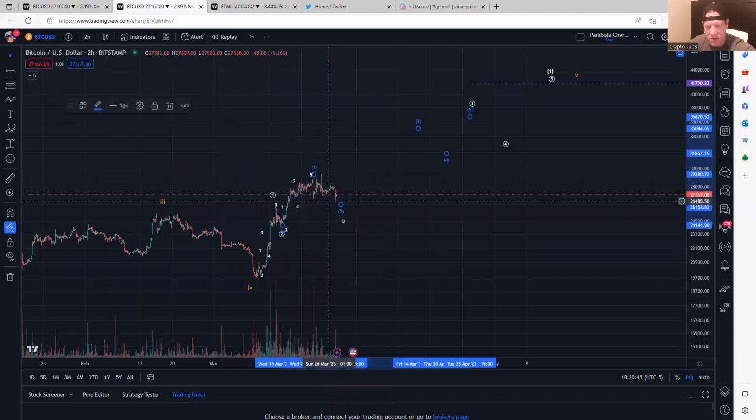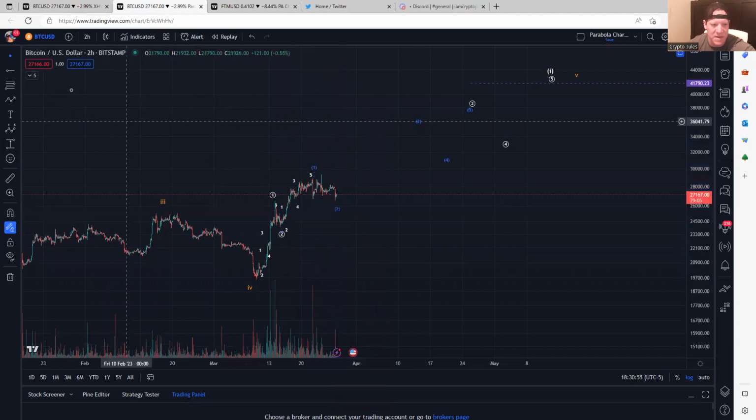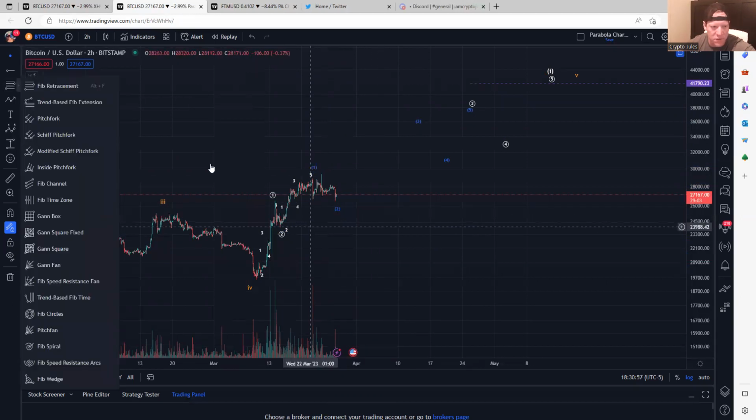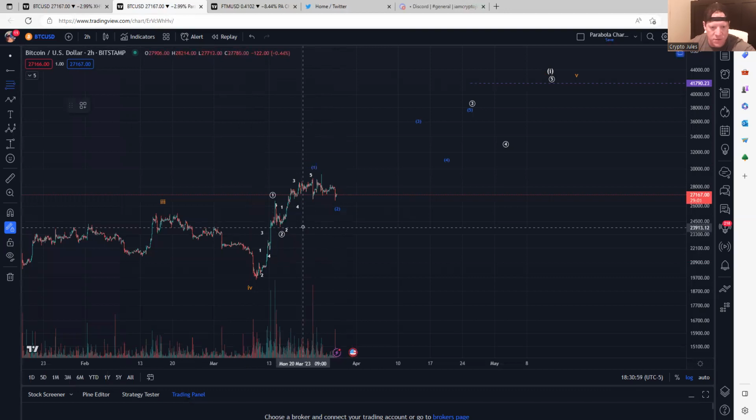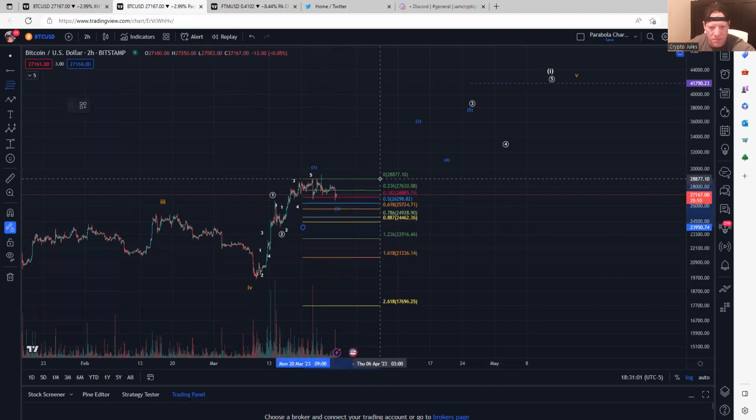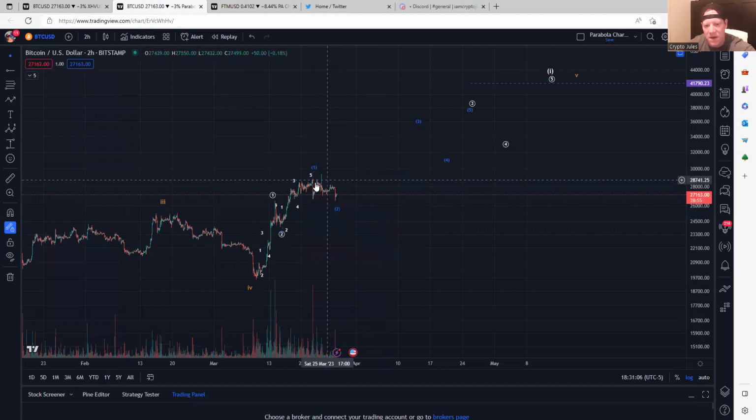So this is a 1, 2, 1, 2, and this 2 could be in. This could be some sort of WXY. The bottom could be in. It also could retrace down to potentially 25,700 or so. But our 2 potentially could be in.